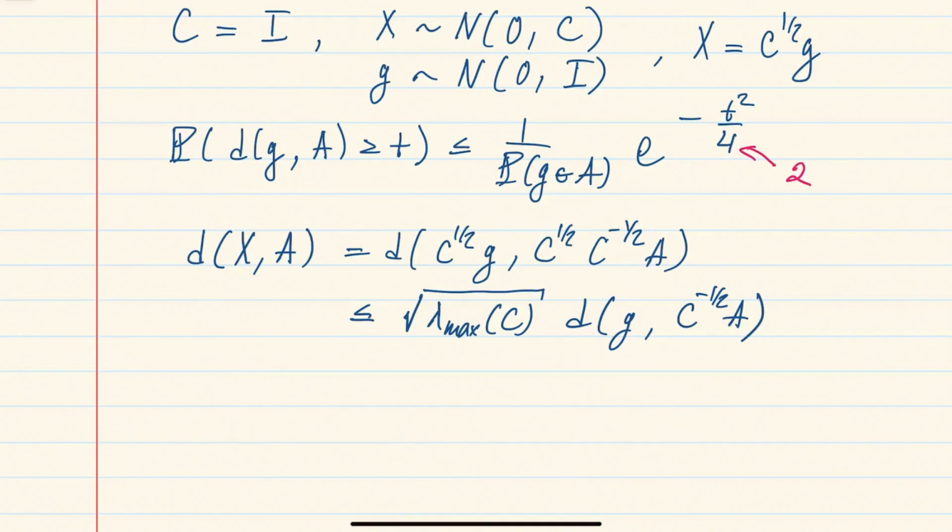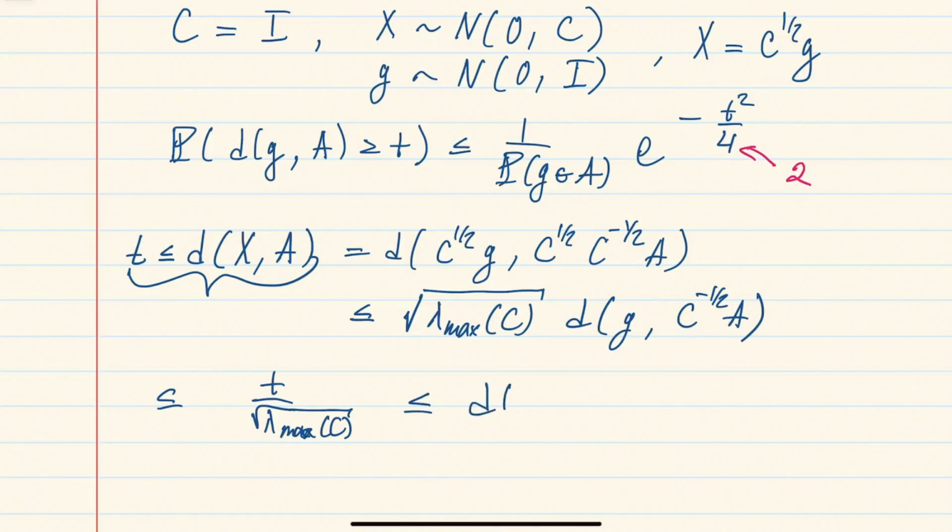Okay, and you want to consider when this distance here is greater or equal than some t, so it will be included, right? This event that you're interested in will be included in the event when t over square root of this largest eigenvalue is less than the distance between standard Gaussian and this set.